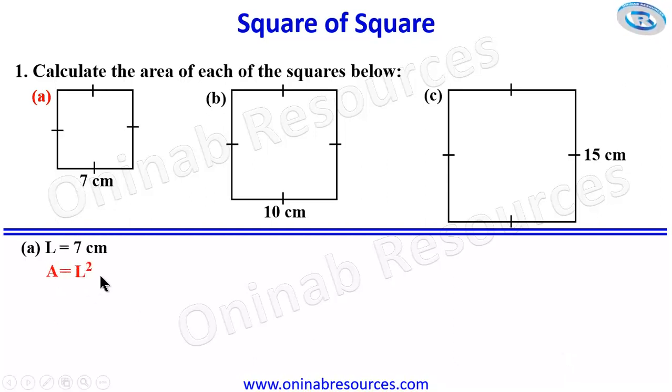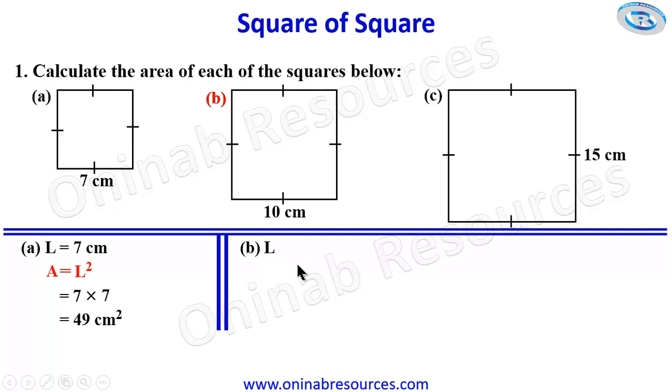And we know the area is L squared. So that's going to give us 7 times 7. And 7 times 7 gives 49 square centimeters, which represent the area of the square whose side is 7 centimeters.